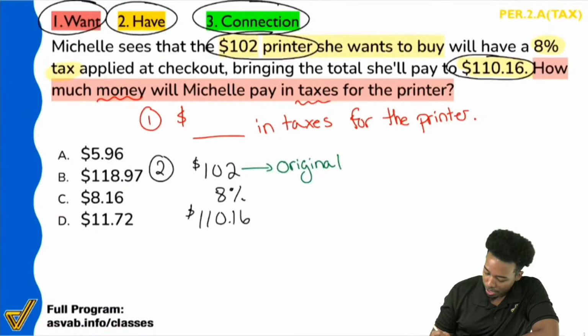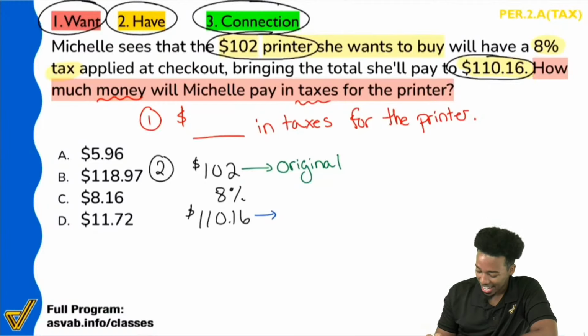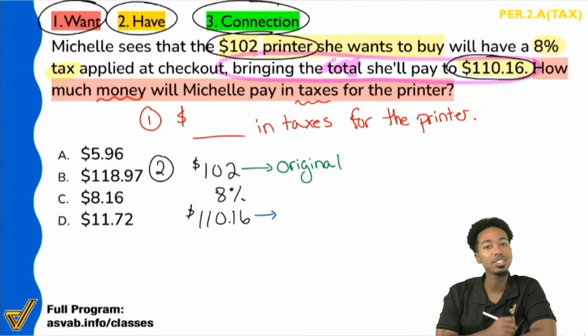And then everybody, so what that means is, what does that $110.16 represent? What does that represent? Right, that's the total after taxes. That's the final cost. Exactly. Right here. Bringing the total she'll pay to 110.16. Right there. The total she'll pay to 110.16.